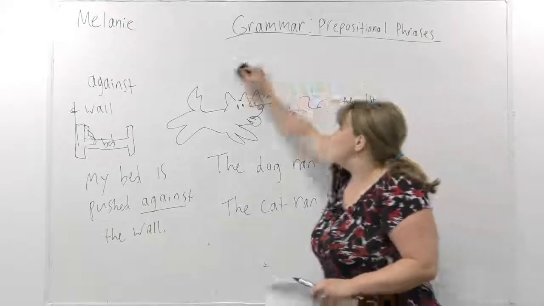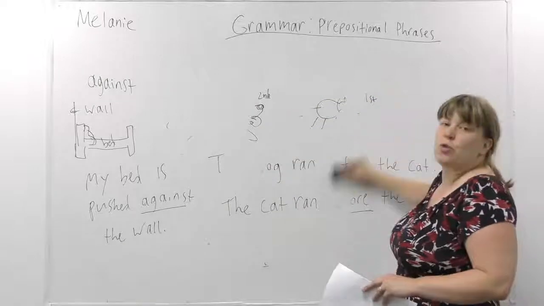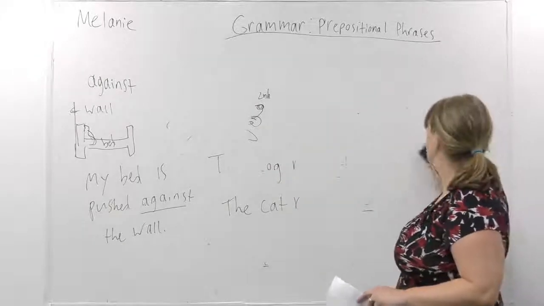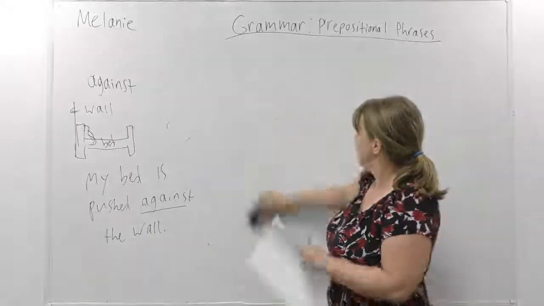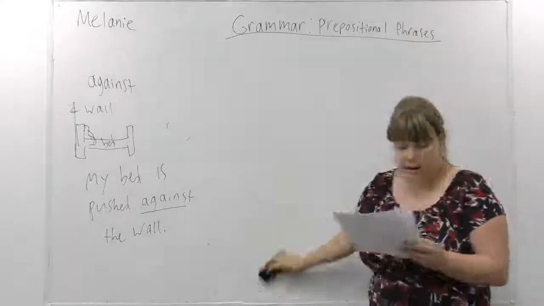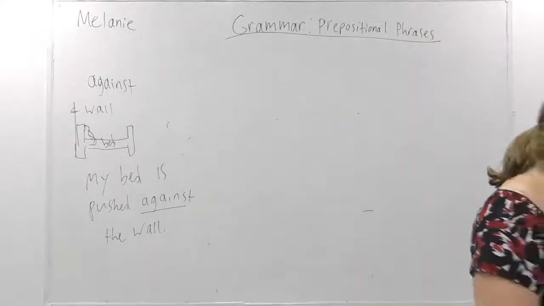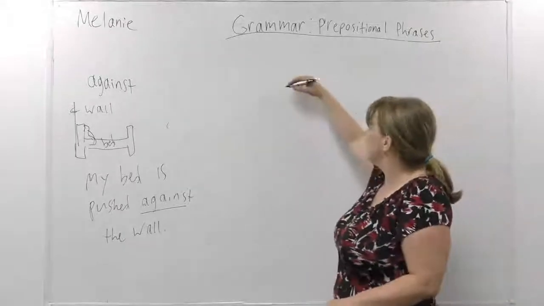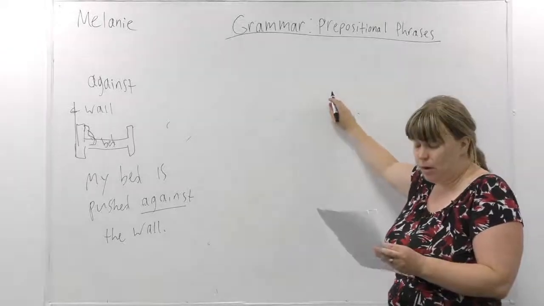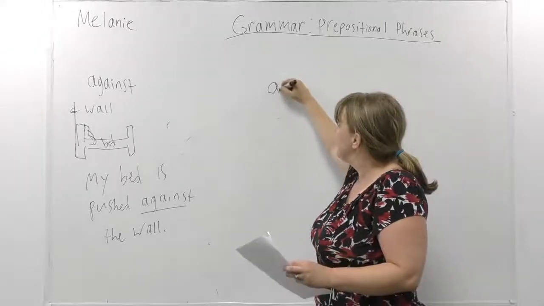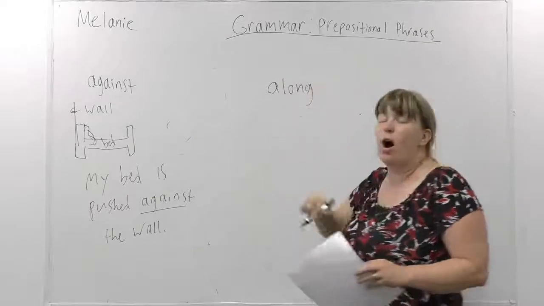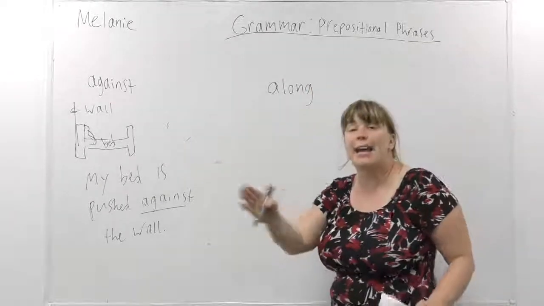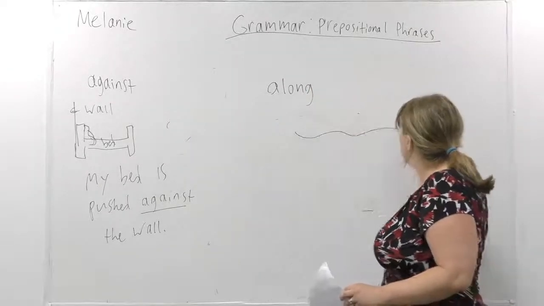Okay, so I'm going to get rid of the dog and the cat. They were not good drawings anyway. They were sad stick animals. Okay. Let's do along. Along. Okay, so this is kind of similar to on. So along is when it's like in a line from one point to another.